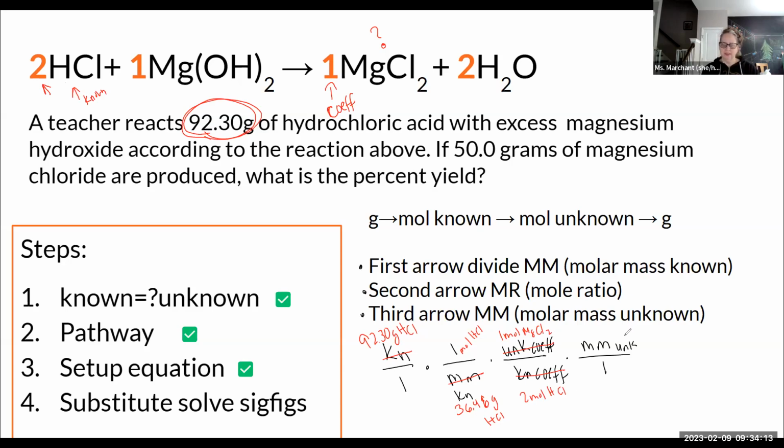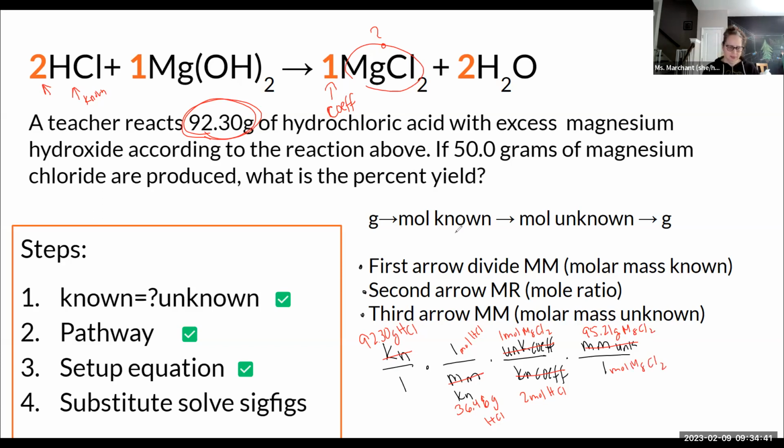The molar mass of the unknown. The unknown is the one we're trying to find, magnesium chloride. Magnesium chloride's molar mass is 24.31 plus 2 times 35.45. And that gives me 95.21 grams of magnesium chloride is equal to 1 mole of magnesium chloride.